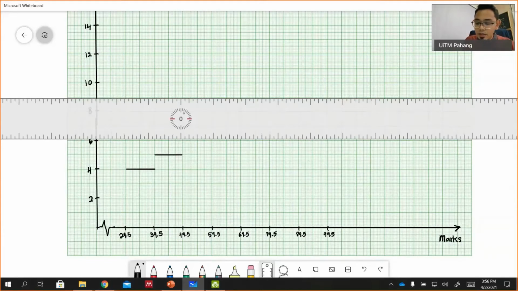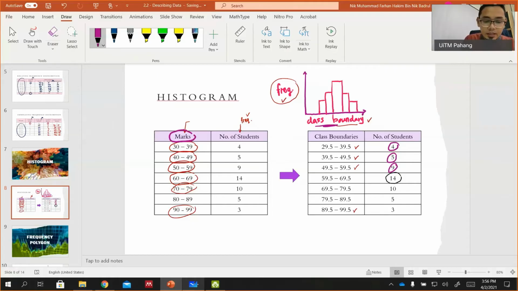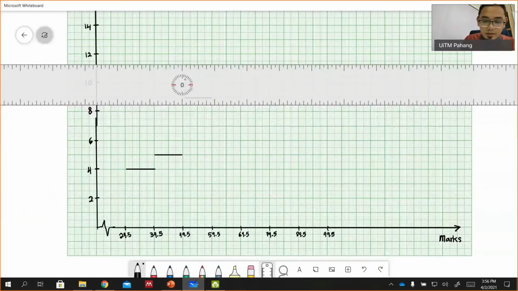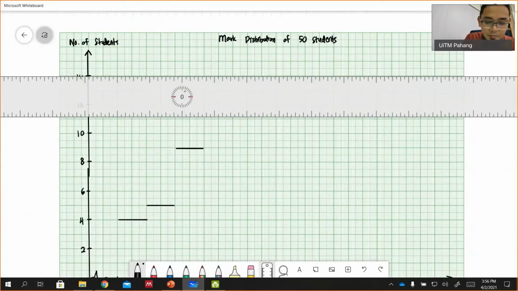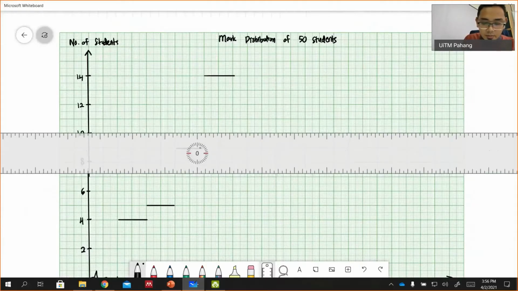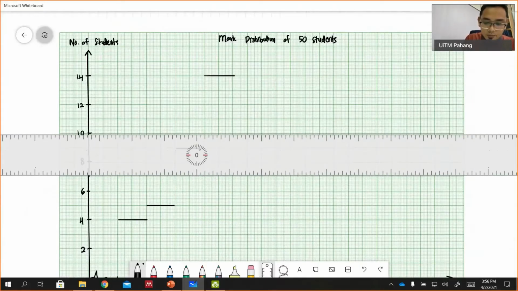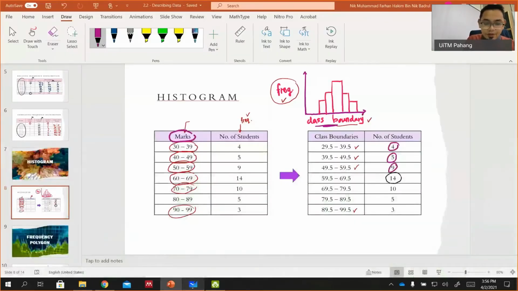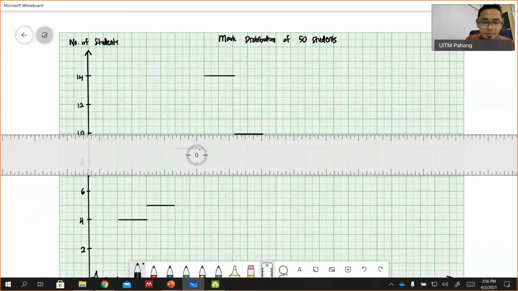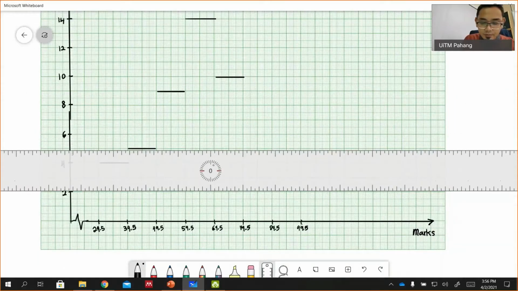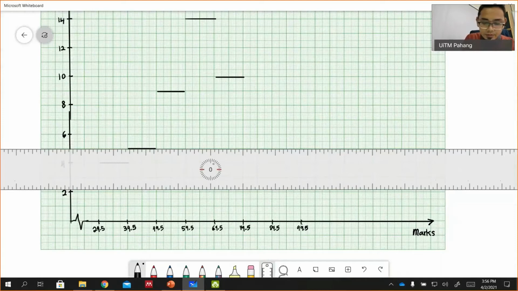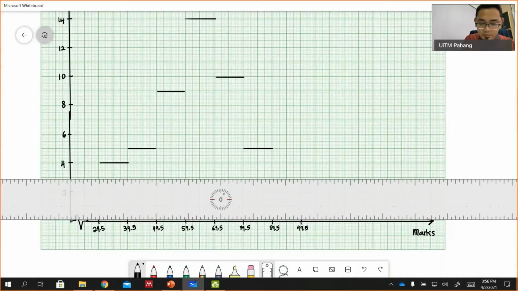The next ones will be 14, 10, 5, 3. So where's the 5? It's here. And the 3 should be somewhere around here.